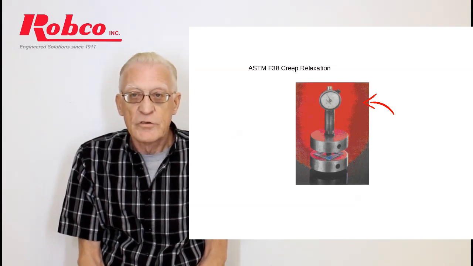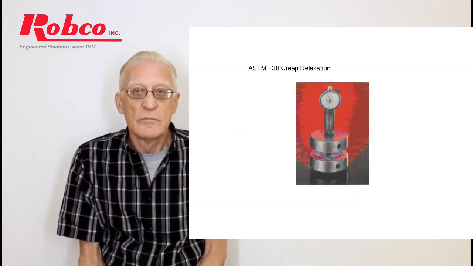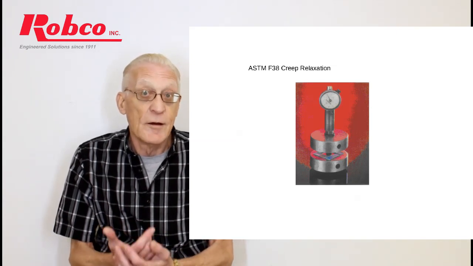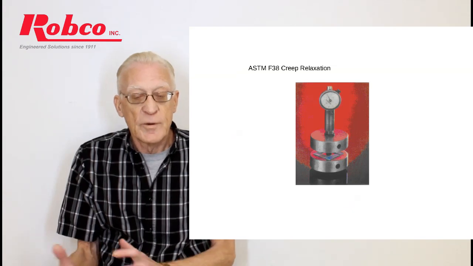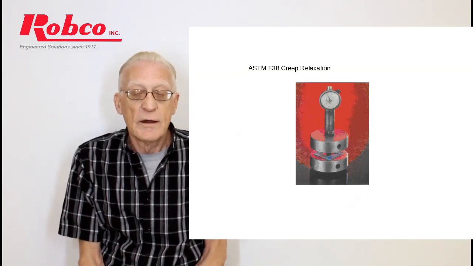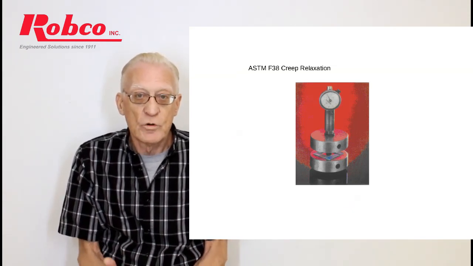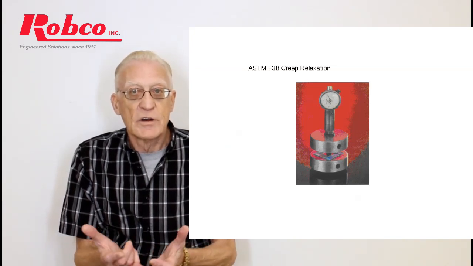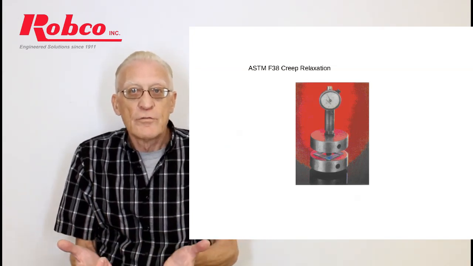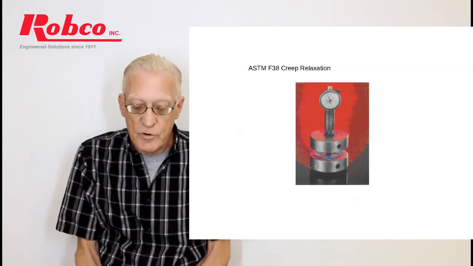You torque it down to X amount, depending on what the ASTM F38 says, for X amount of time, and you calculate the actual bolt torque loss that has happened because the gasket has relaxed or flowed out. That's called creep relaxation.